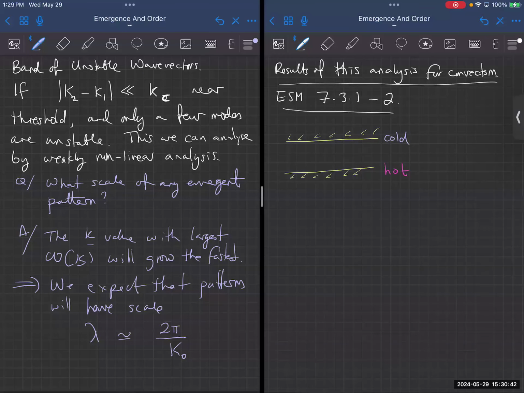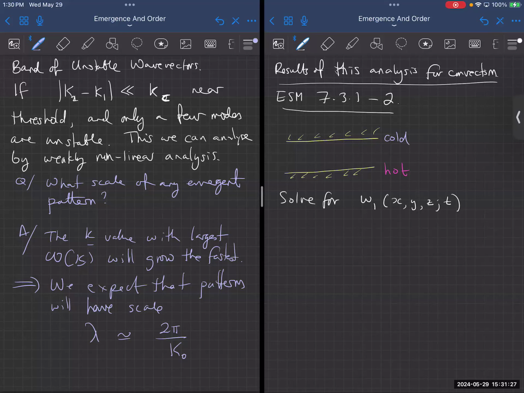What we're going to look for is an equation for the vertical velocity field W1 as a function of x, y, and z and time.